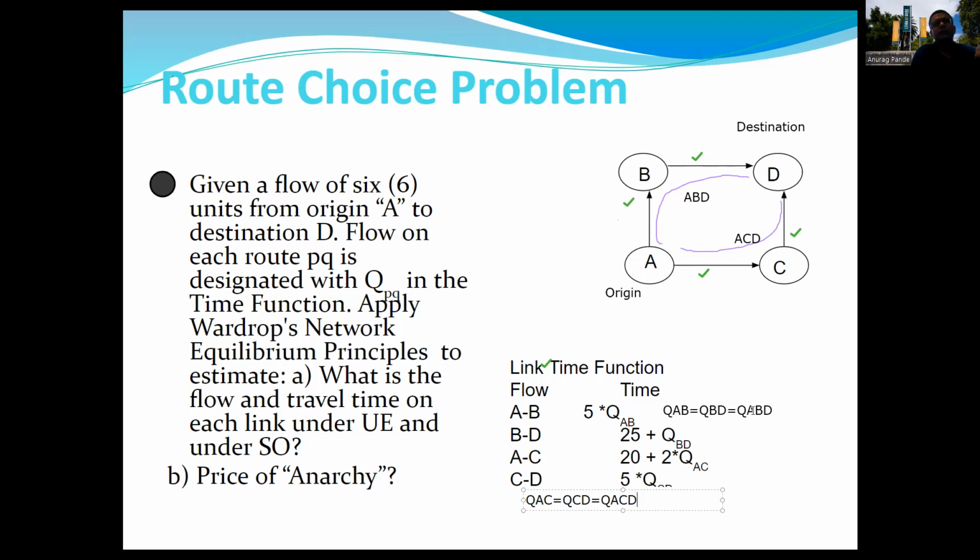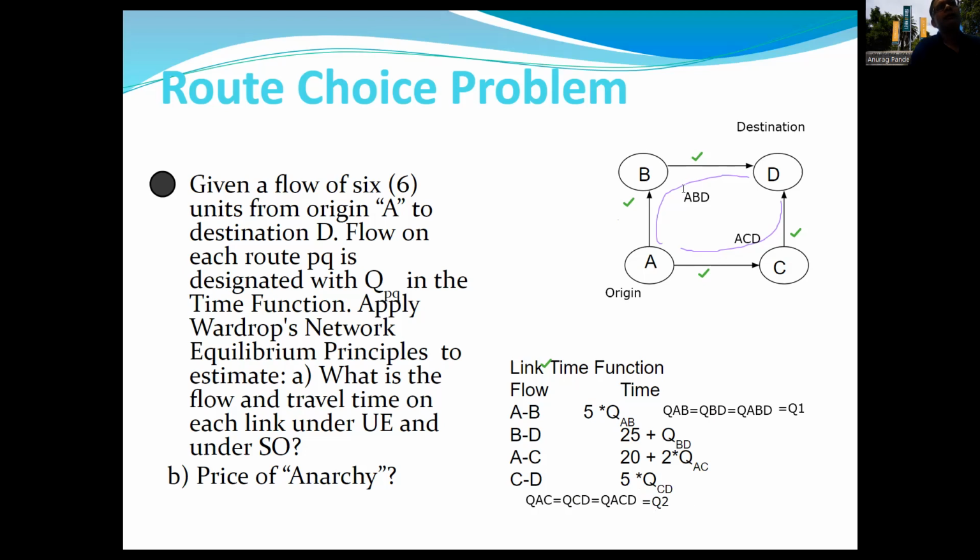So I really only have two routes, and I need to figure out QABD and QACD. Let's call QABD Q1, that's easier to write down, and QACD Q2. So these are my route 1 and route 2.